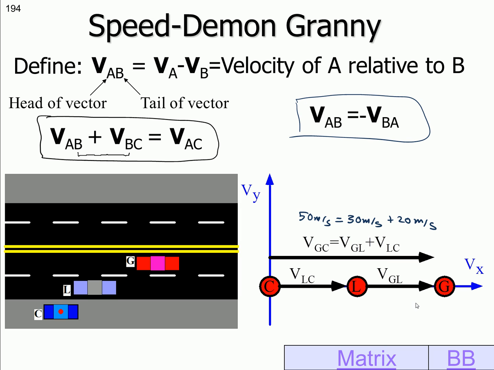So if we think about the velocity of Granny, we can see that this relationship will hold, that the velocity of L with respect to C plus the velocity of G with respect to L will give us the velocity of G with respect to C. And that's represented by this equation here, which is true in general. If we have VAB plus VBC, that gives us VAC.